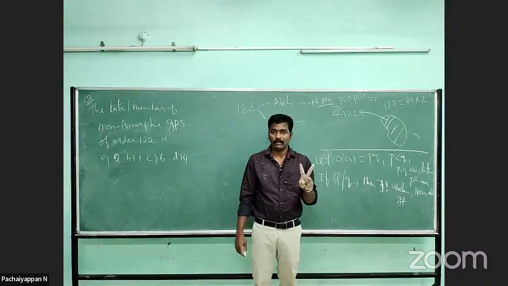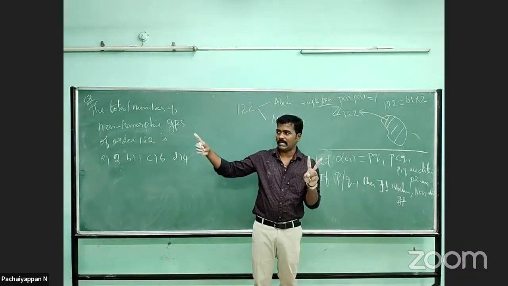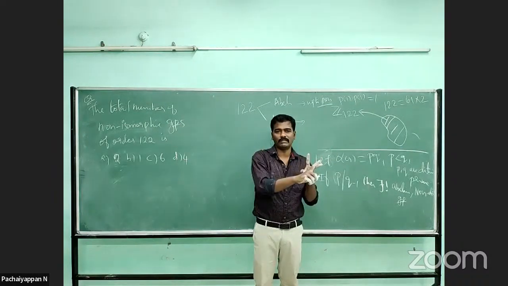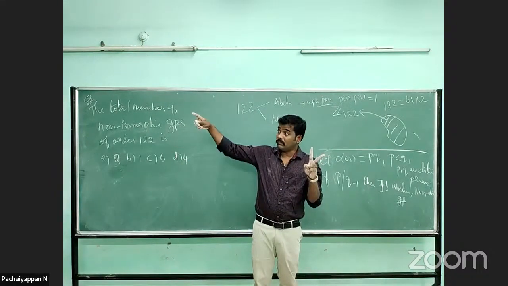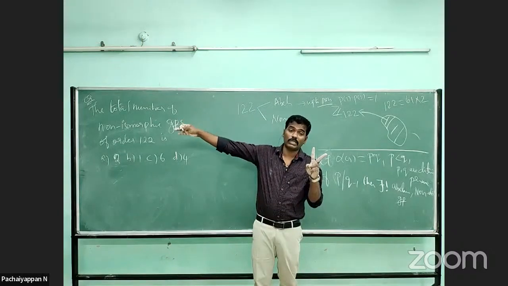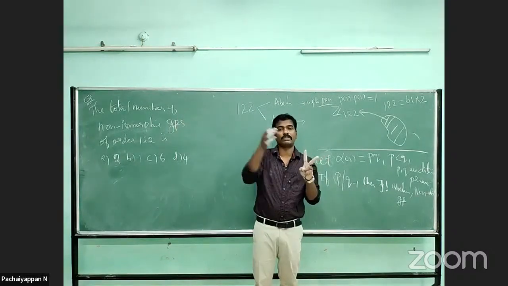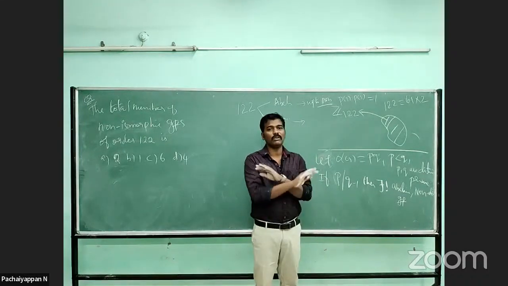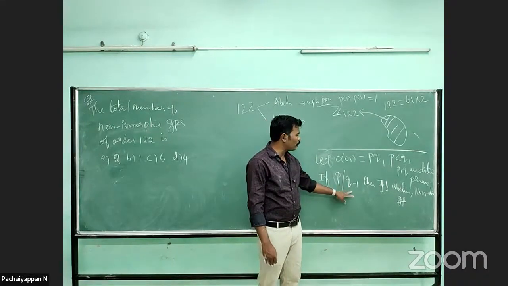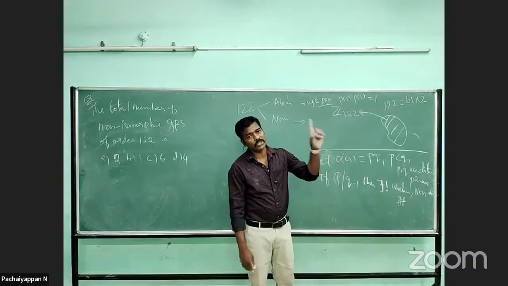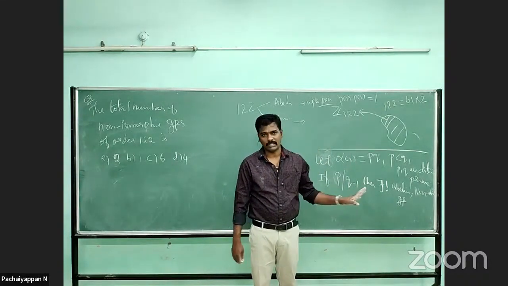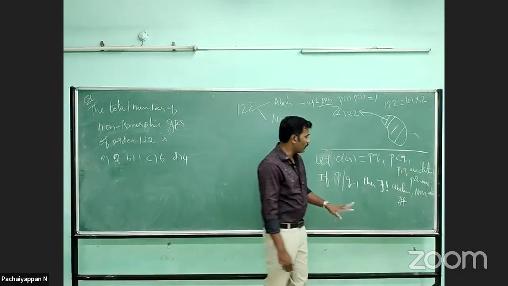Only two groups are there. Many abelian groups are there, but all those groups are isomorphic to this. Many non-abelian groups are there, but that non-abelian group is isomorphic to this. That is what this theorem says: if order of G equals PQ and P divides Q minus 1, then there exists a unique non-abelian group and a unique abelian group. Only two groups are there. One is abelian.